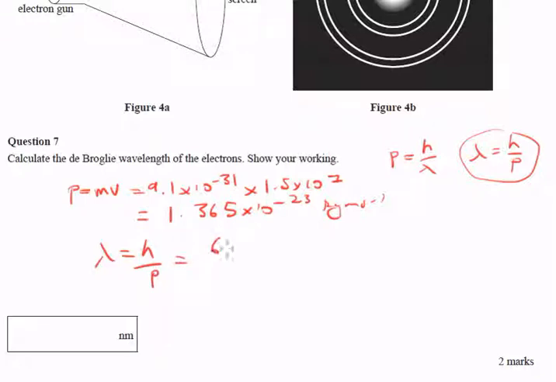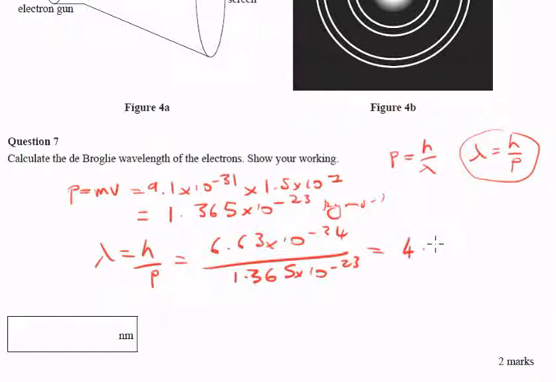The Planck's constant we use is 6.63 by 10 to the minus 34, divided by 1.365 by 10 to the minus 23. That's from up there. You do the calculation there, and you get 4.9 by 10 to the minus 11 meters.